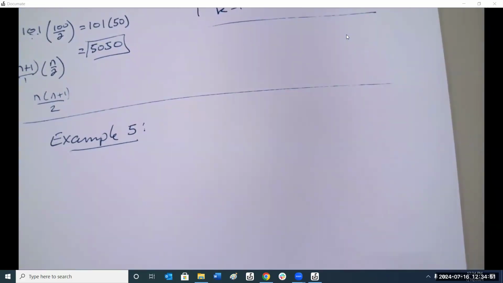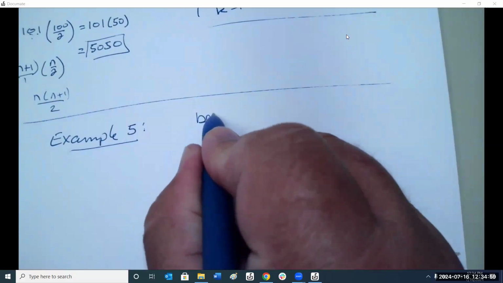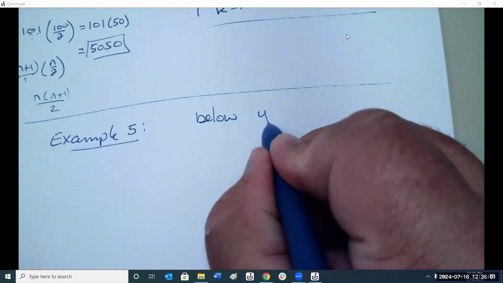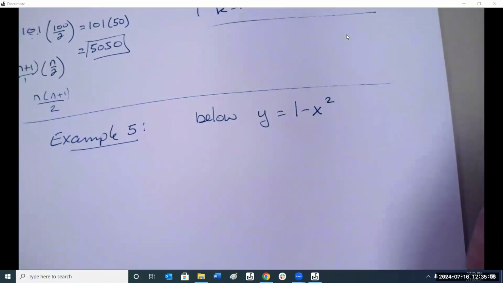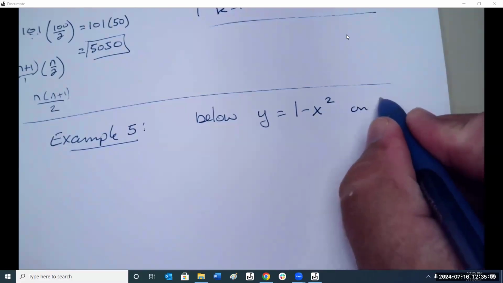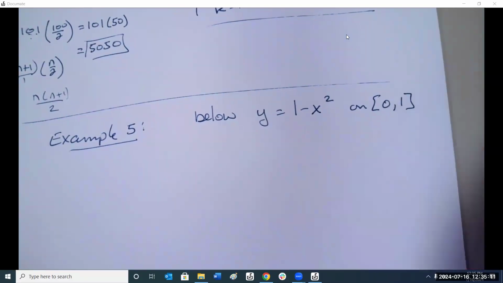Finding the limiting value of lower sum approximations to the area of the region R below the graph y equals 1 minus x squared and above the interval 0, 1 on the x-axis, using equal width rectangles whose widths approach 0 and whose number approaches infinity.